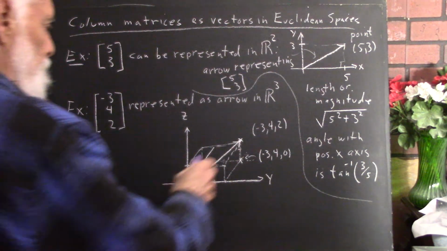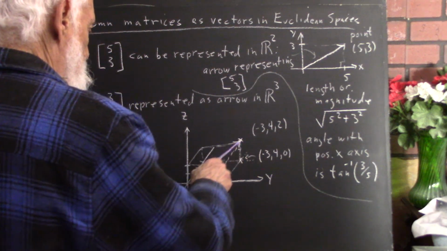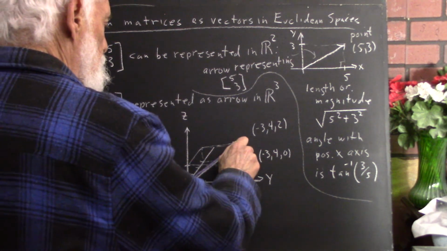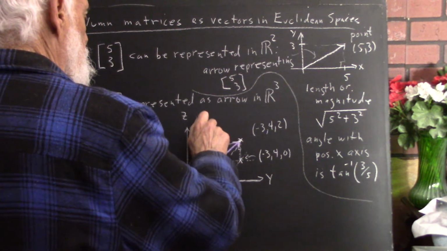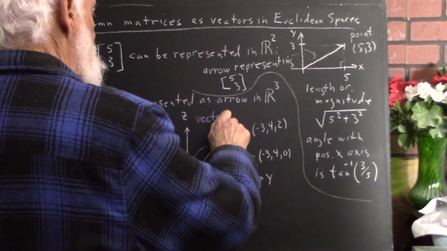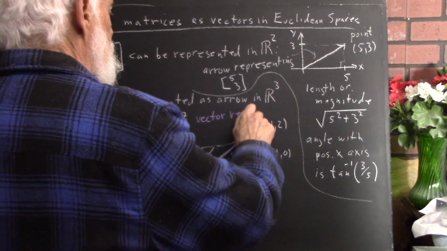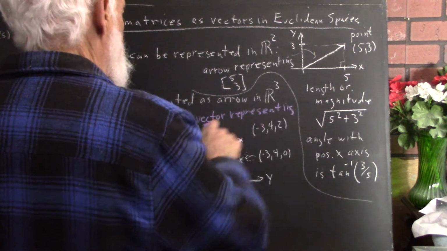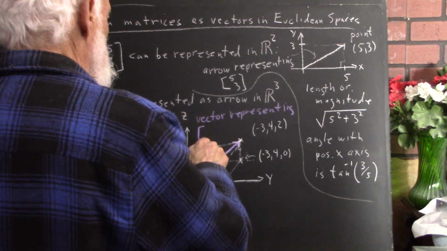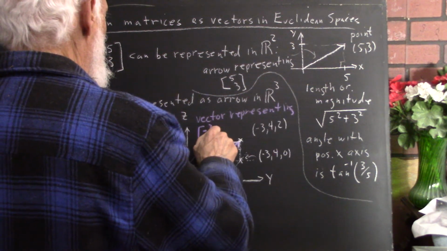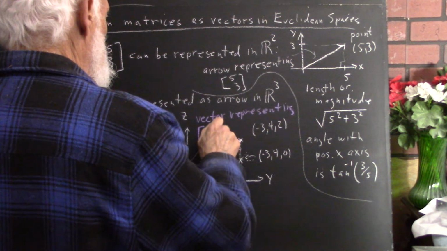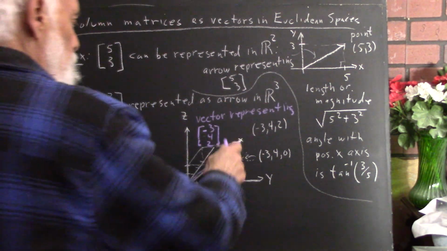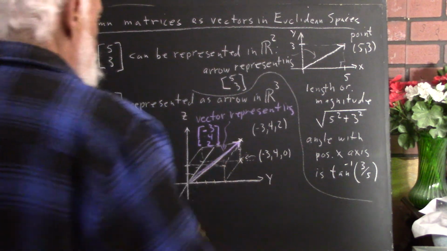Let's go ahead and give it some color. So there's the vector representing negative 3, 4, 2.